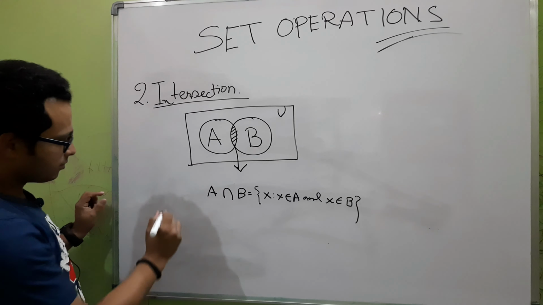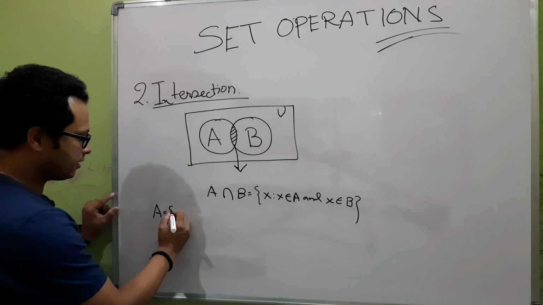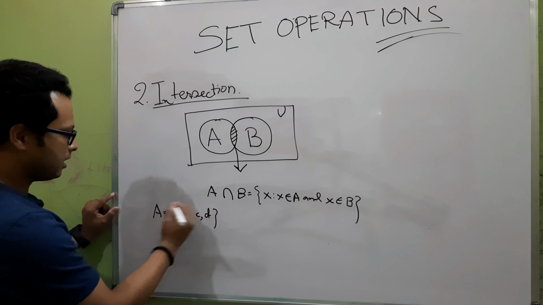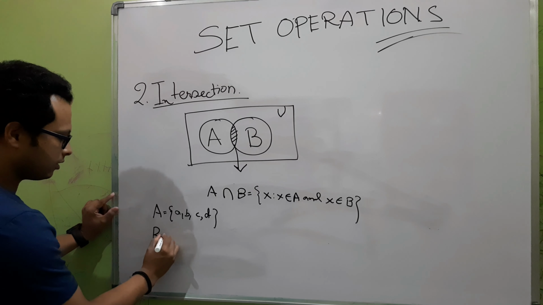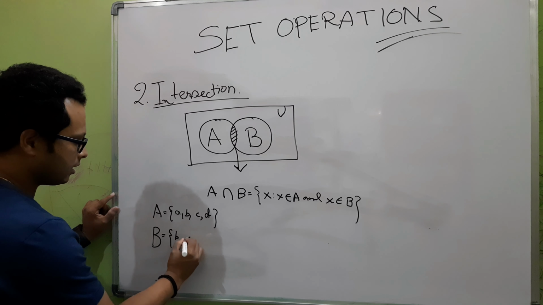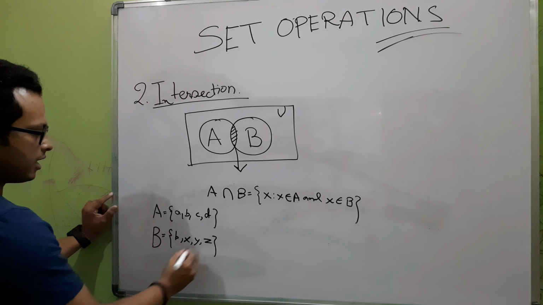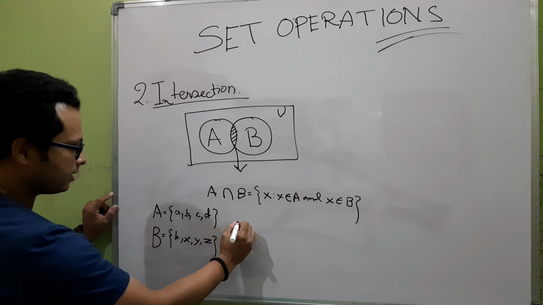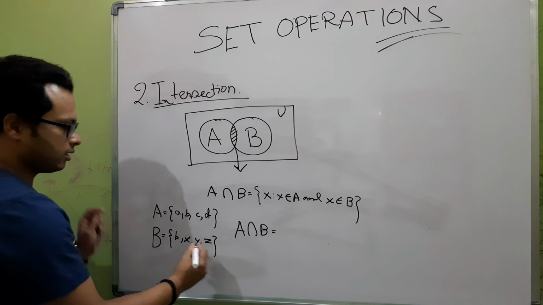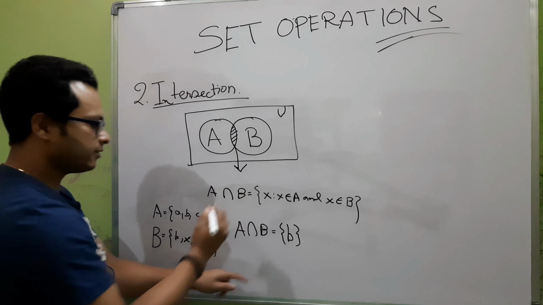Let's take an example: set A contains the elements A, B, C and D, and set B contains the elements B, X, Y and Z. In this case, A intersection B will be only B, right?